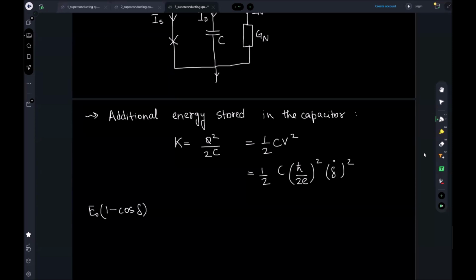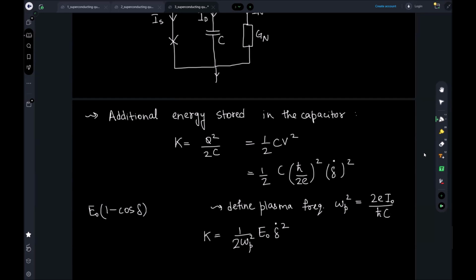Now I want to write this energy in terms of E naught. So I'm going to define a plasma frequency. And so we can write the energy stored in the capacitor as follows. Also, to recall, E naught is actually h bar I over 2e.